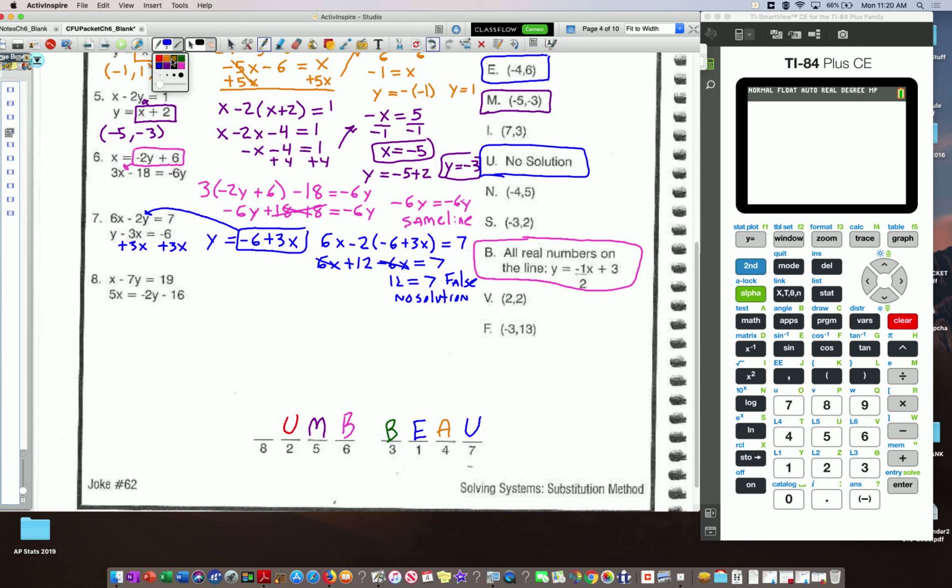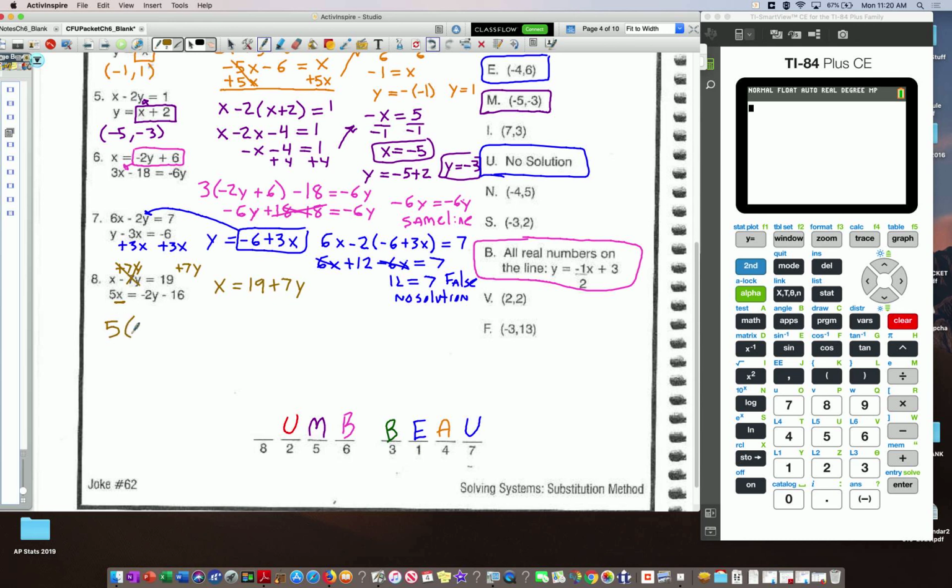All right, our very last one here. I need to take the first equation, and I need to add 7y to both sides. So when I do that, that crosses out. I'm left with x equals 19 plus 7y. So now I'm going to take this value and put it in the place of x right here.